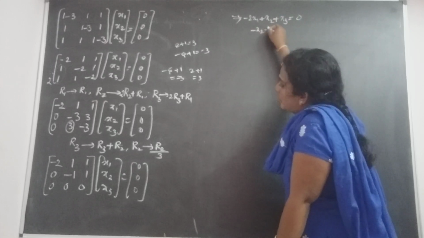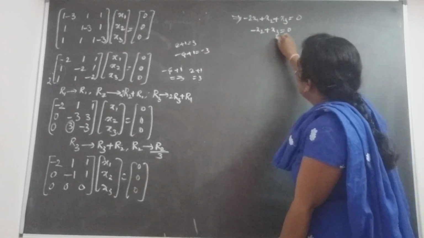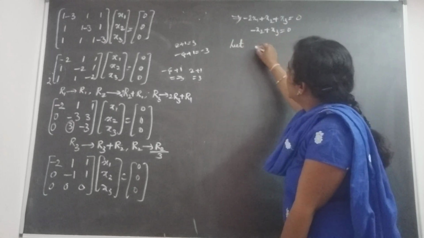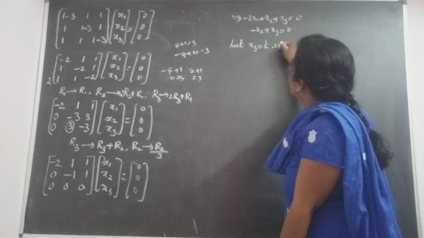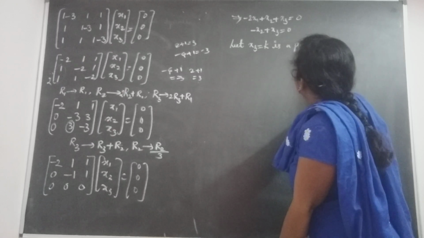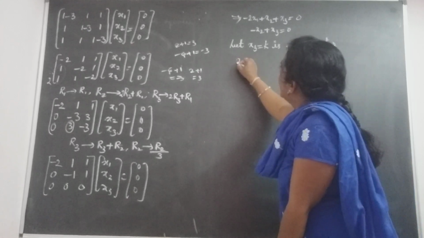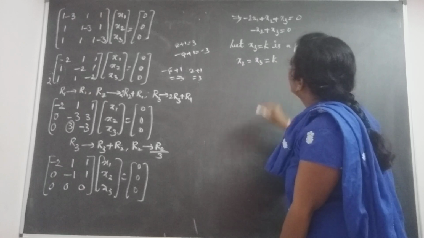Minus x2 plus x3 is equal to 0. In this, take any one variable as a parameter. Here x3 is equal to k, a parameter. Then x2 equal to x3, that is k.